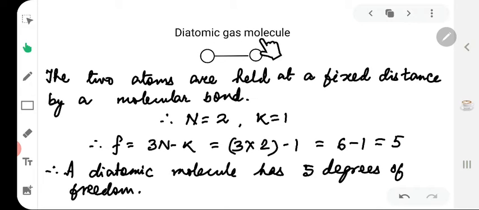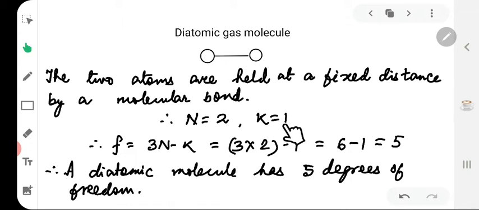Coming to diatomic gas molecule, there are two atoms, and these two atoms are held at a fixed distance by the molecular bond. So this is the bond existing between the two particles. So obviously number of particles is 2, and how many independent relations are there? 1.